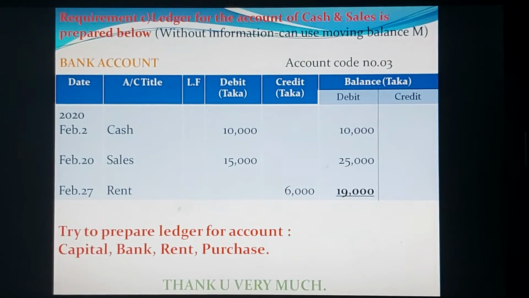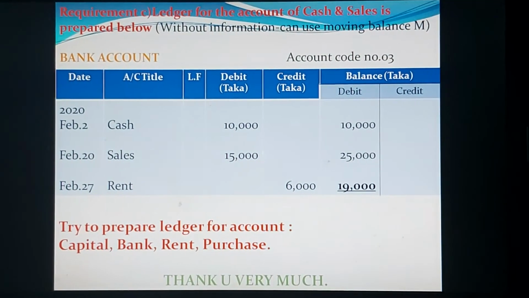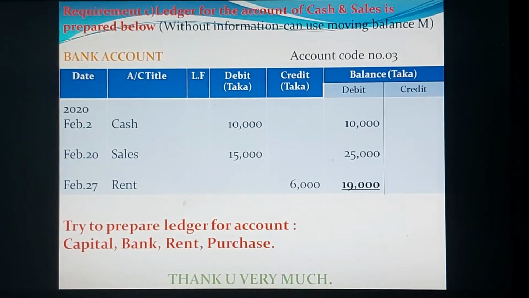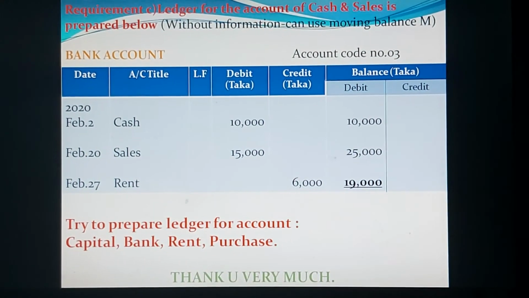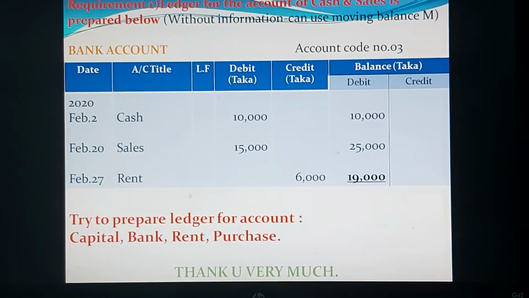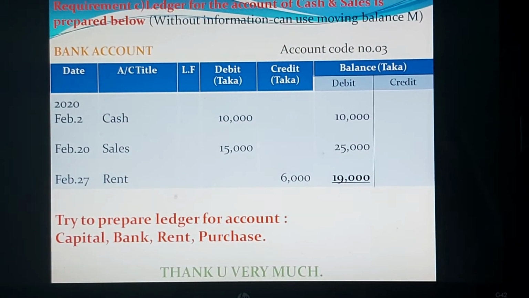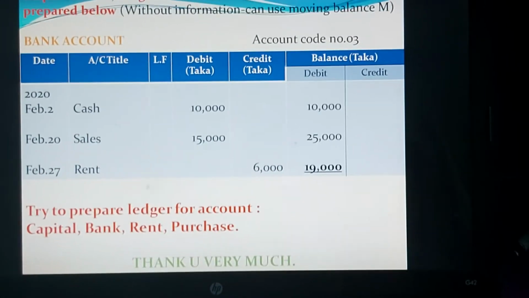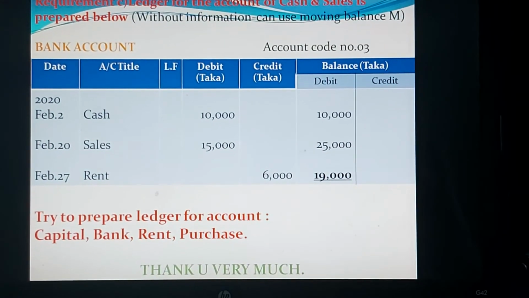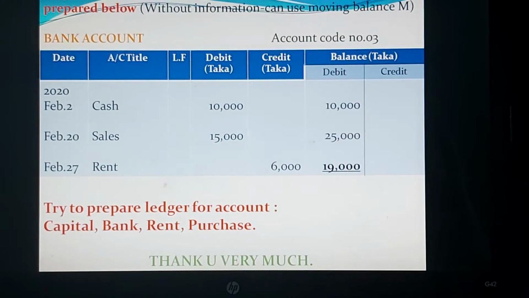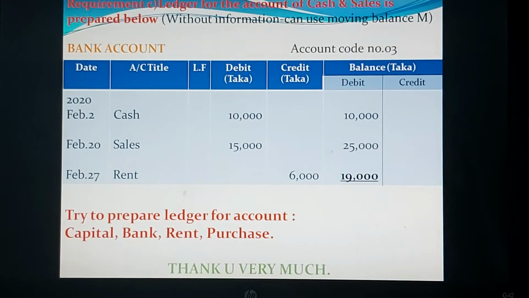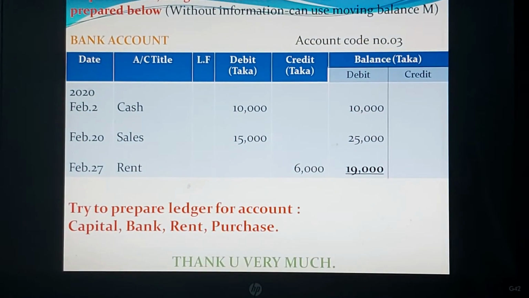Available balance is a debit balance of taka 25,000, but the credit posting is taka 6,000. Now you can deduct from the amount. 25,000 minus 6,000 is equal to taka 19,000 available in debit balance. So at the end of the month, the bank account is to be closed for taka 19,000.